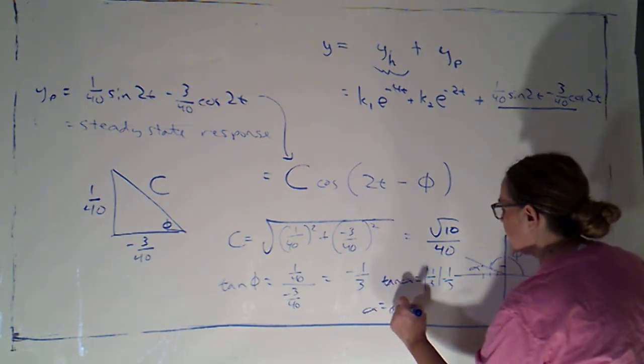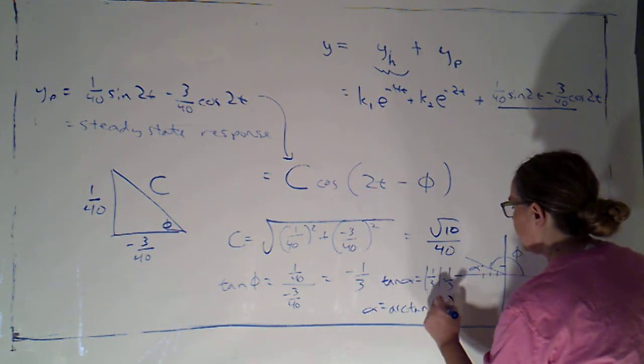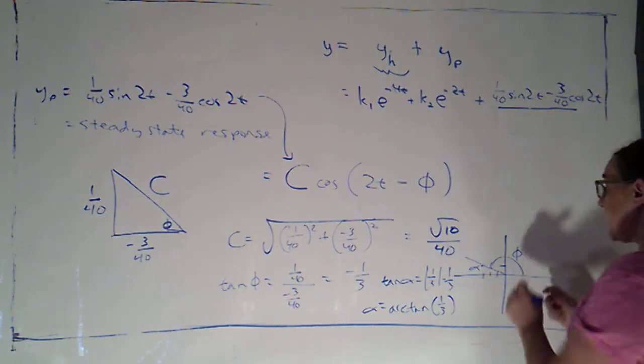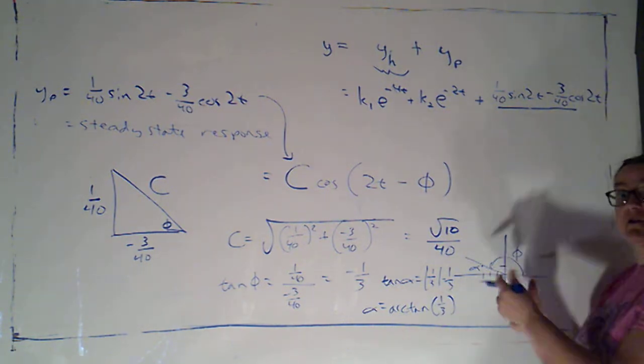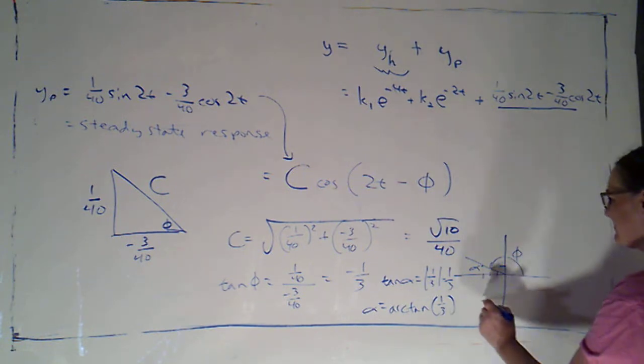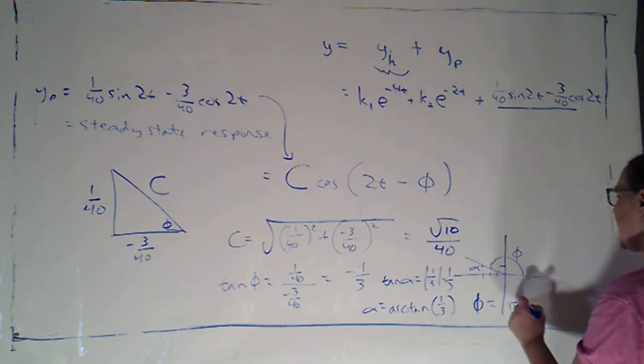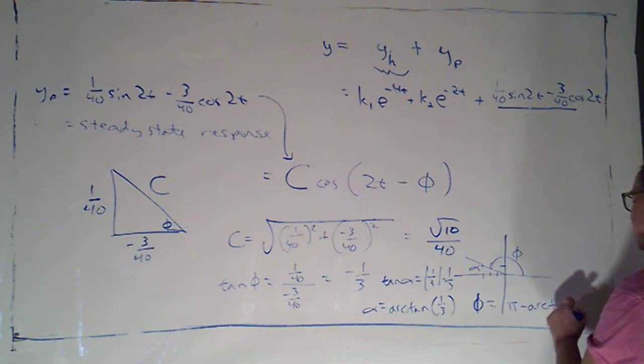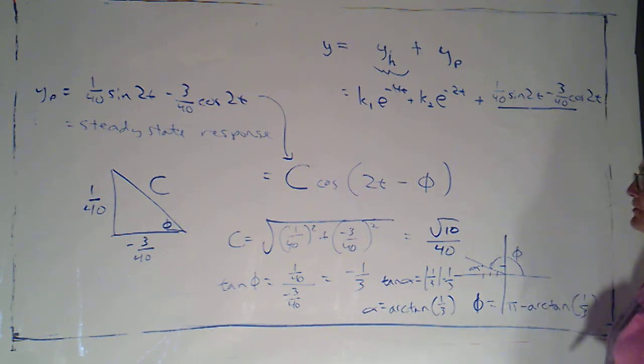So the reference angle is just arctan of 1/3. Can't use arctan for phi because it's not in the range of arctan, but the reference angle always is. So phi would just be pi minus arctangent of 1/3.